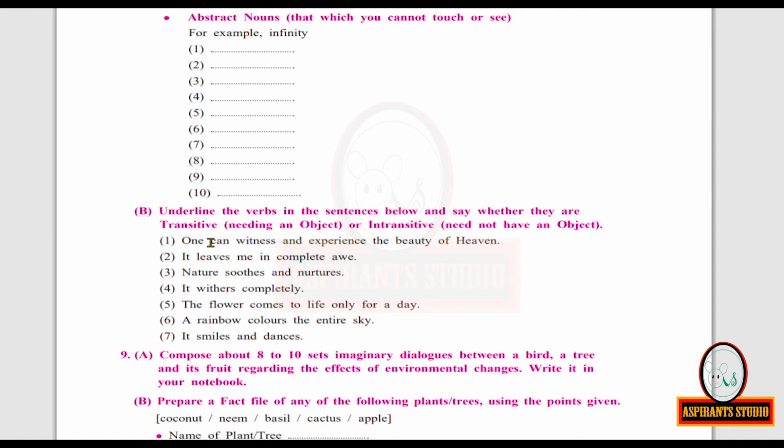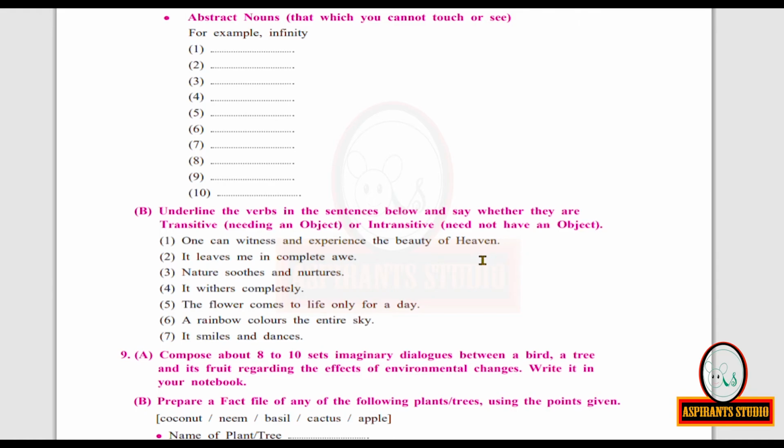Now, first one. One can witness and experience the beauty of heaven. Underline can witness and also underline experience. Put a question to the verb, you will get the answer: the beauty of heaven. So it needs an object.